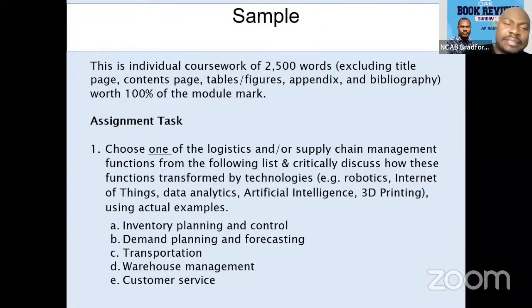Now you were asked to choose one of the logistics and/or supply chain management functions from the following list and critically discuss how this function is transformed by technology, that is robotics, Internet of Things, data analytics, artificial intelligence, 3D printing, using actual examples, for instance inventory planning, and so on and so forth.